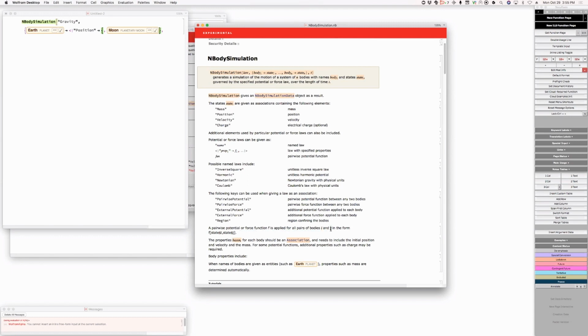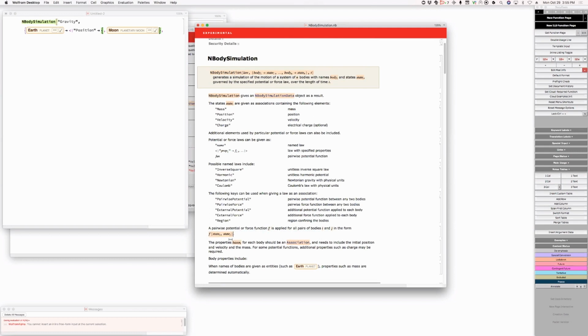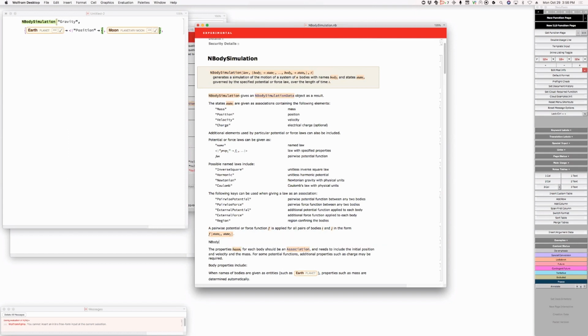We should say something about how the units have to make some sense. N-body simulation. Let's see what you're trying to say; it's got to have the initial conditions here.